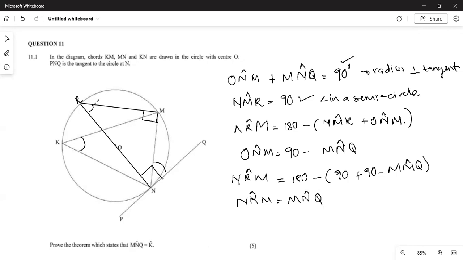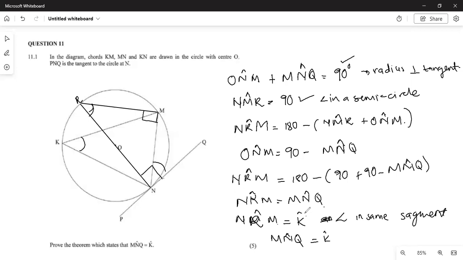And we can say that NRM is equal to K, and the reason being is these are angles in the same segment. So we've proven that MNQ is equal to K.